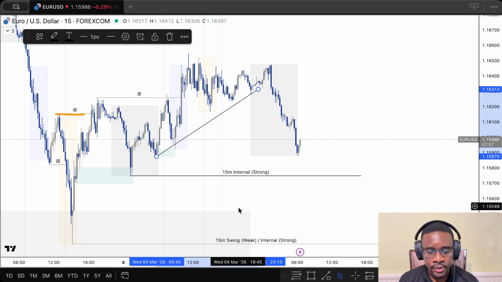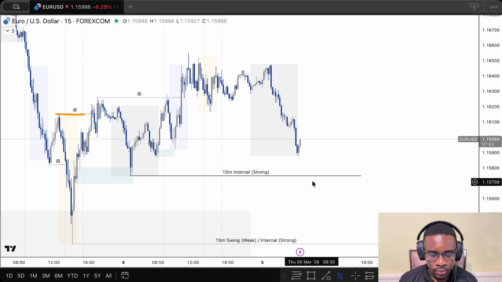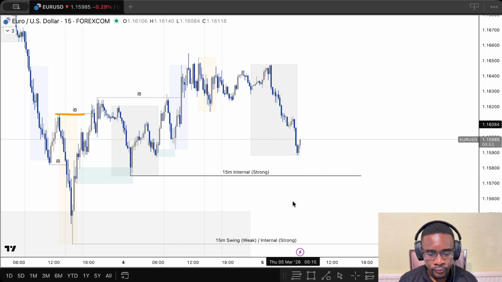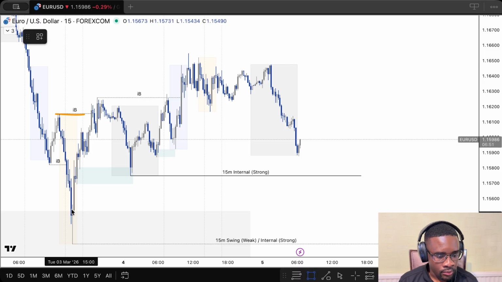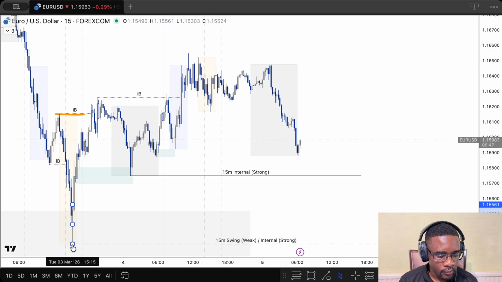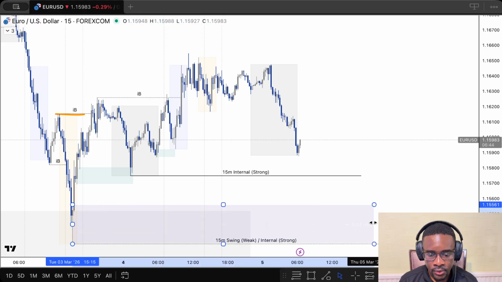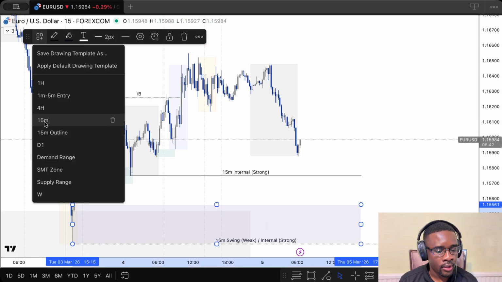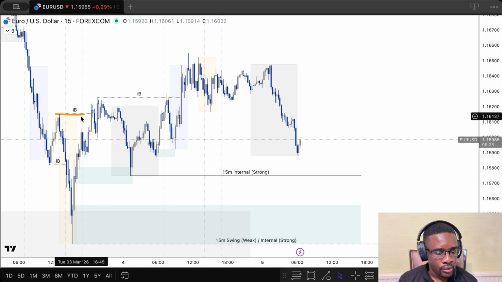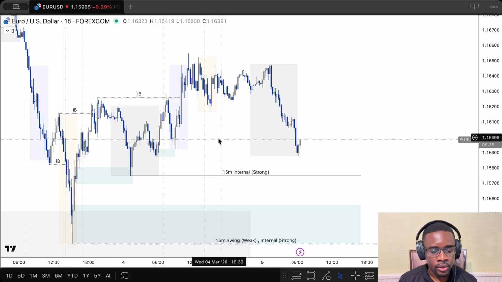So it is likely that we could breach this low for some kind of bullish reaction, or we might continue all the way down to mitigate this area of demand at extreme, which is still fresh.